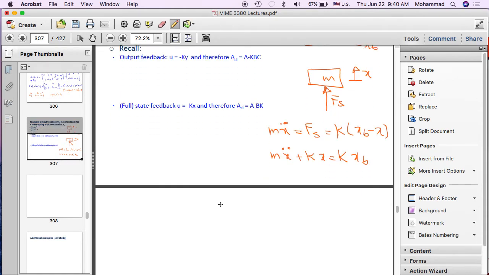So if you take this differential equation and divide it by m, you get x double dot plus k over m x is equal to k over m x b. So we are going to call this our input, k over m times x of base.